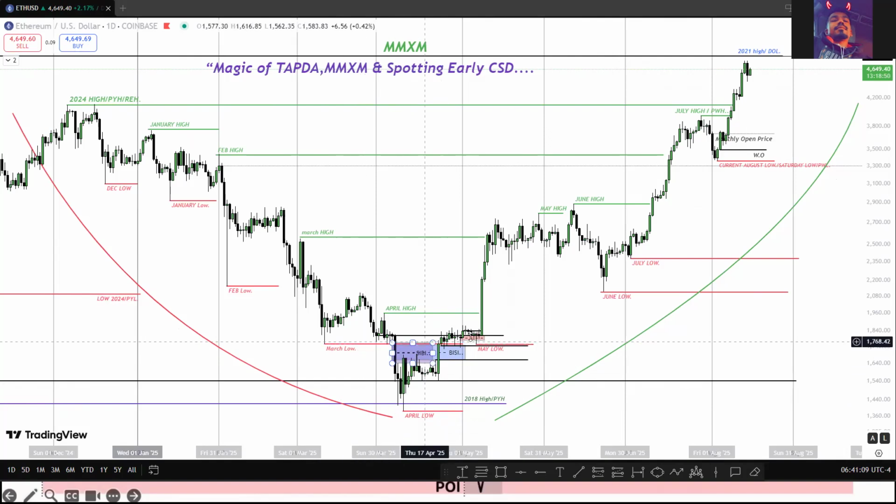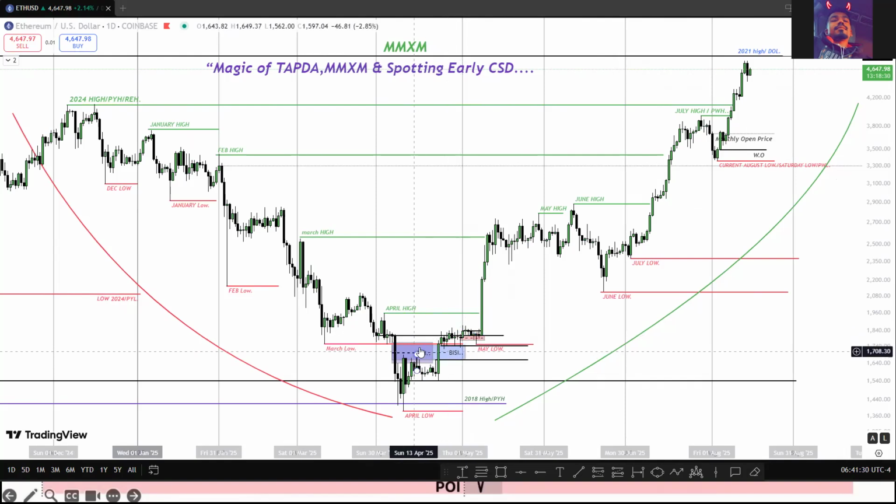This is the previous cycle low for April, and March is the previous cycle low. As you can see, we closed above the March low. Early sign of change in state of delivery.